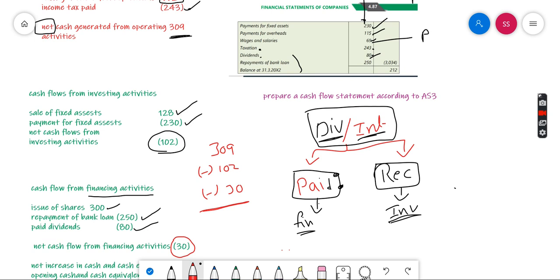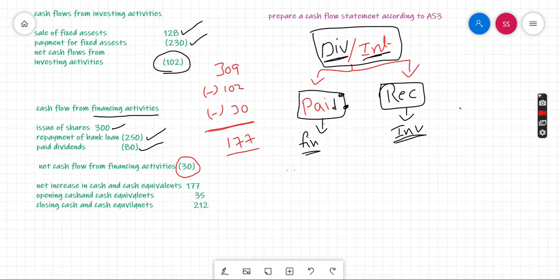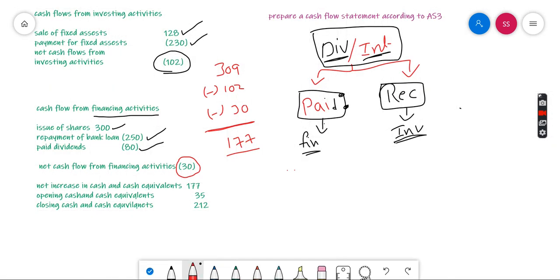If you do that, you will get 177, which is nothing but the net increase or decrease in cash and cash equivalents. This is a net increase in cash, but there is no cash equivalents given in the question, so we don't need to worry about that now.